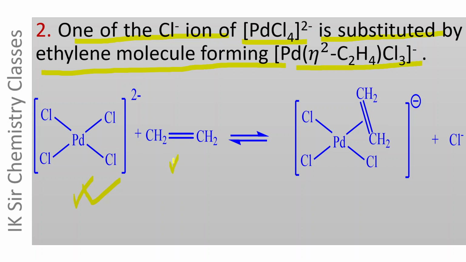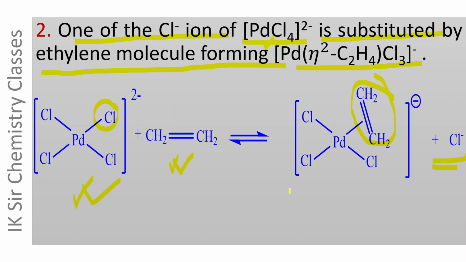Ethylene is a stronger ligand than chloride ion, and therefore one of the Cl- ion of this complex compound is replaced by ethylene molecule. This Cl- ion comes out from the coordination sphere and its position is occupied by ethylene molecule. Ethylene molecule is coordinated to palladium 2+ ion.